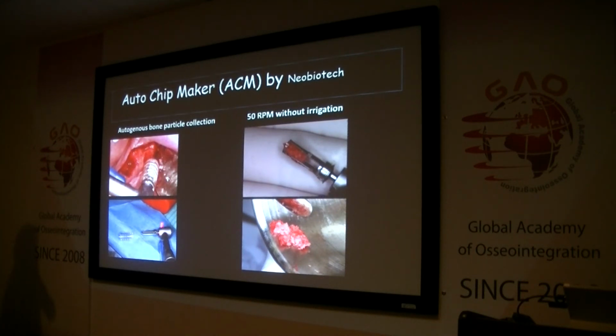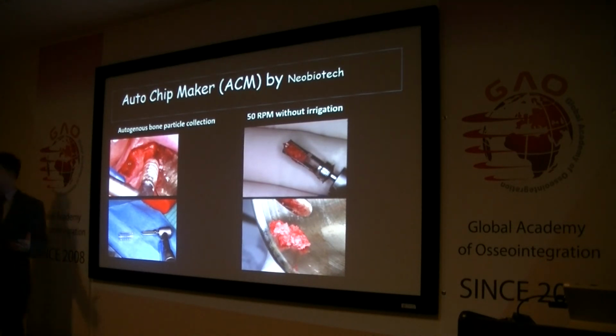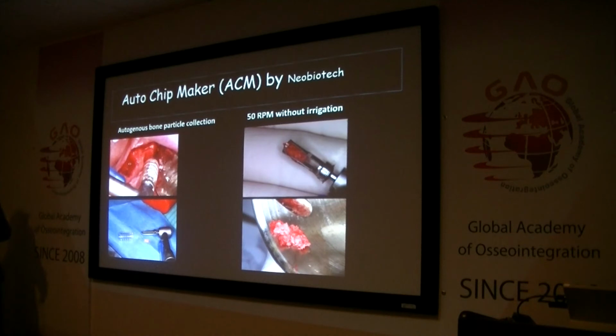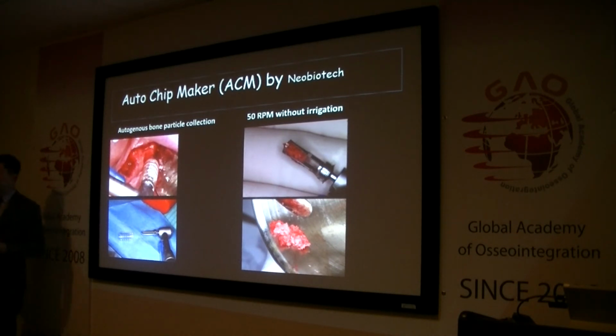This thing spins and takes out little chunks of bone, which is very nice. It's nice to have one of those in your office just in case. Let's say you want to do a grafting procedure and you don't have any bone in your drawer. Just have one of these. It connects to your implant handpiece, and you can easily get 0.25 or 0.5 cc.